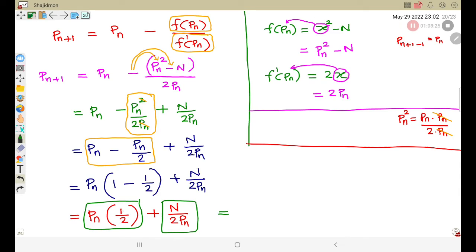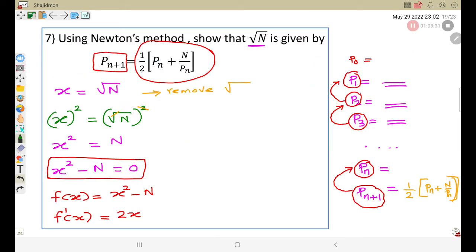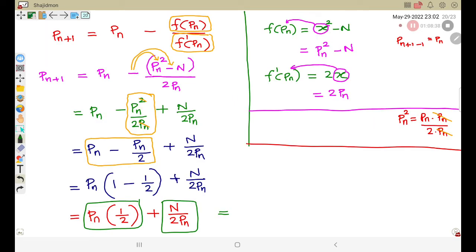What is common? Here 1 over 2 is there, here also 1 over 2 is there. That we can take outside, because our answer is like that: half into Pn plus n over Pn. Half is common, that is why we have taken half common. Pn we cannot take common, because Pn is on the top side here and on the down side here. First term on the top, second term on the down side. So half only we can take common.